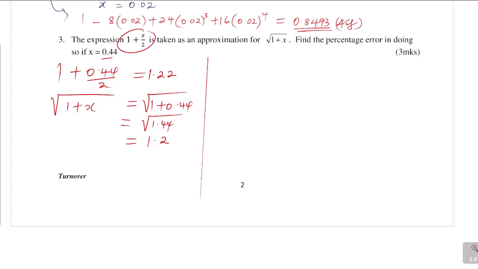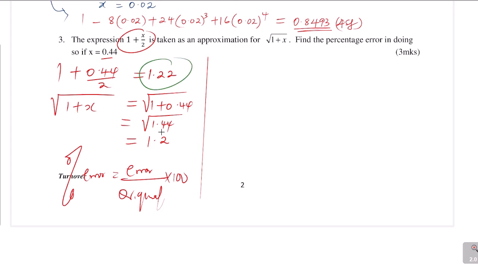Now, after doing that, you need to understand that the percentage error will be given by the error divided by the original multiplied by 100. So now you can identify the error from these easily.